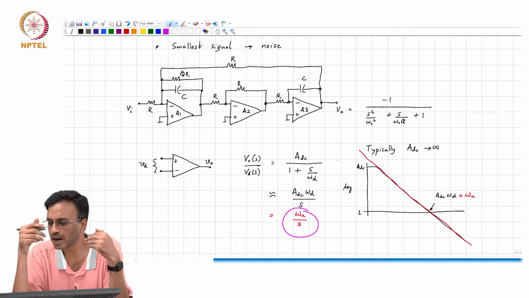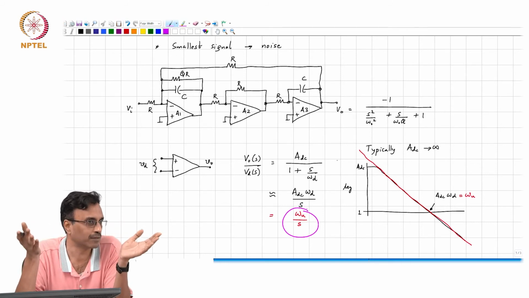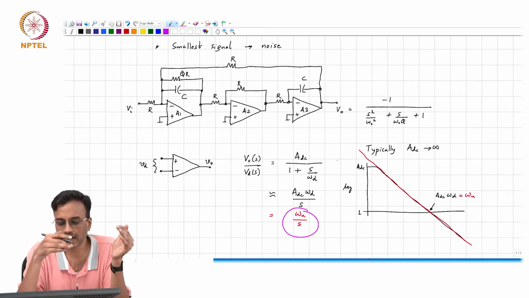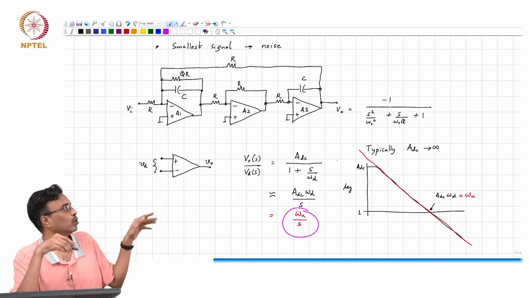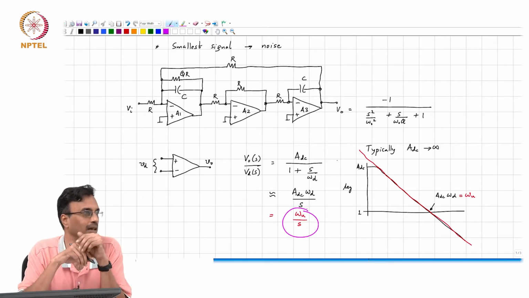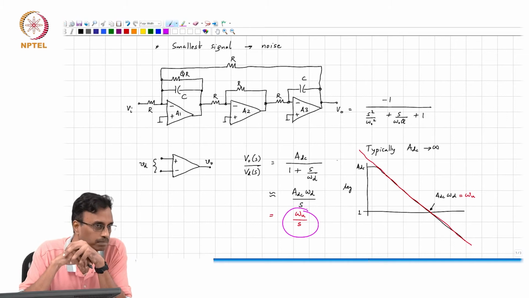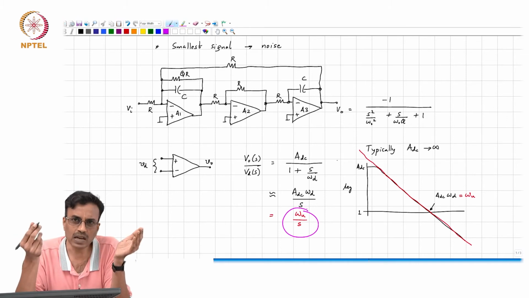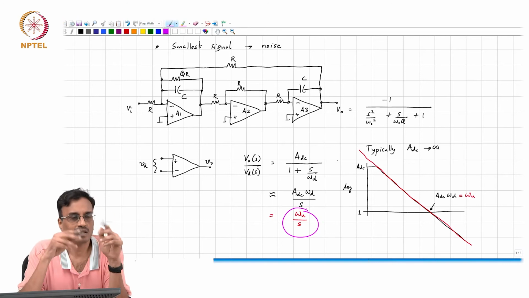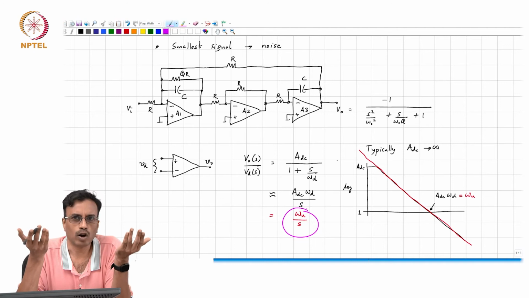So, our intuition is telling us that if omega u is sufficiently large, where we still need to figure out what the meaning of that sufficiently large is, all right, we should expect to see that, at least in the regions of interest of our filter, namely, below omega naught and maybe a few decades above omega naught, we should be able to approximate that as a second order transfer function.